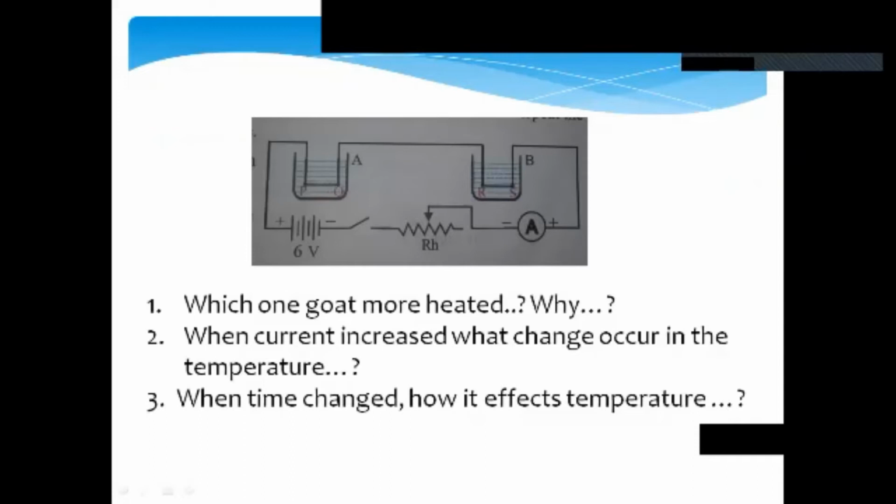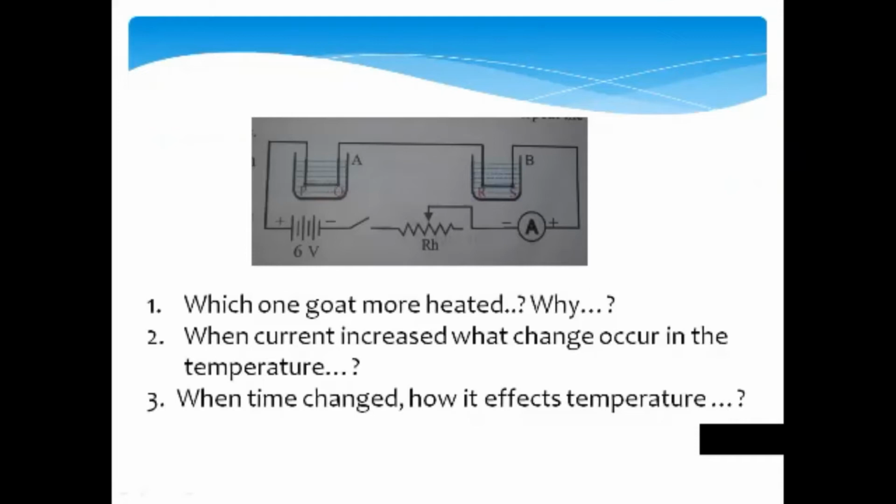The two beakers are A and B, and they are connected with a rheostat, a 6-volt battery and an ammeter. In this circuit, we apply a 6-volt potential and an amount of current using the rheostat, and we measure it using the ammeter.